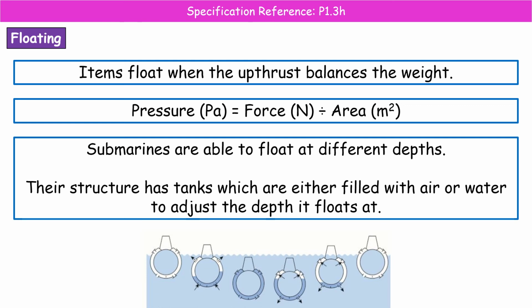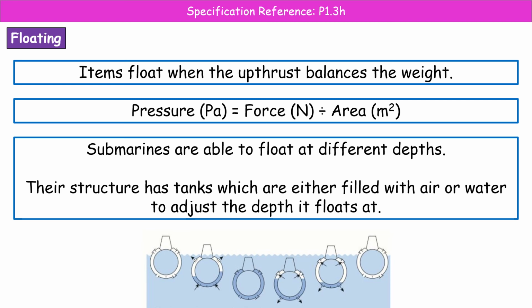Just remember that that could be applied to scenarios where we've got different areas of things in contact. One of the old favourites was about snowshoes versus a smaller shoe print. Snowshoes have a much larger area, therefore the pressure is less, so you sink less deep in the snow. Whereas if you've got very narrow shoes, the area is smaller, therefore the pressure is greater, you sink further in the snow.